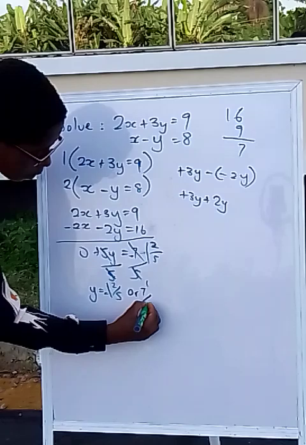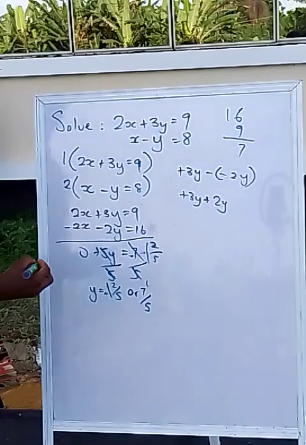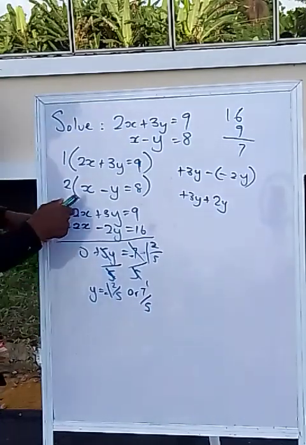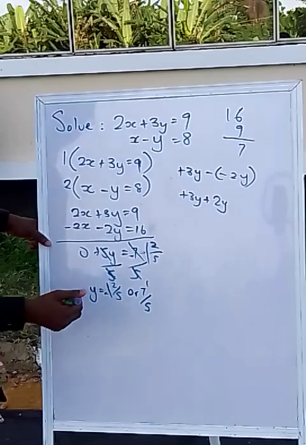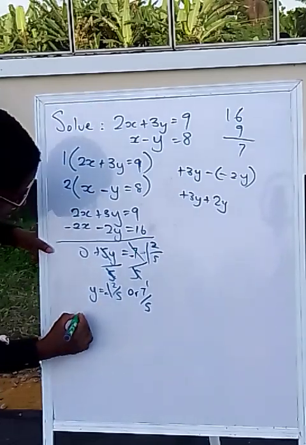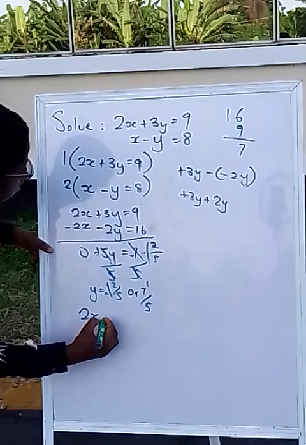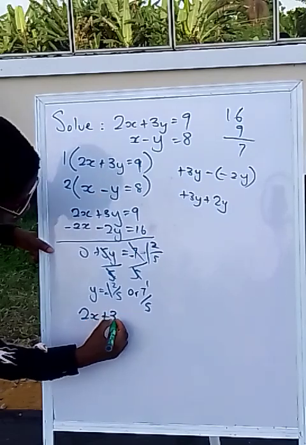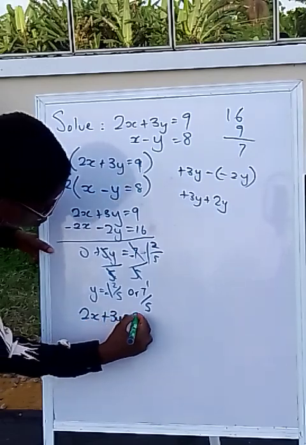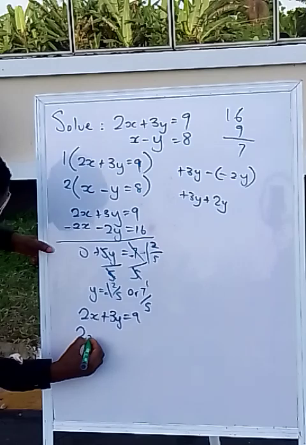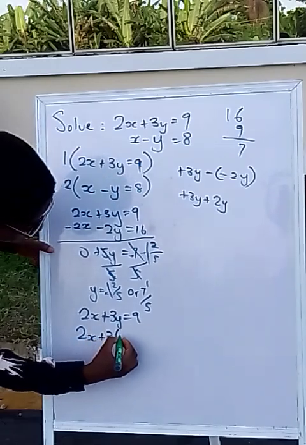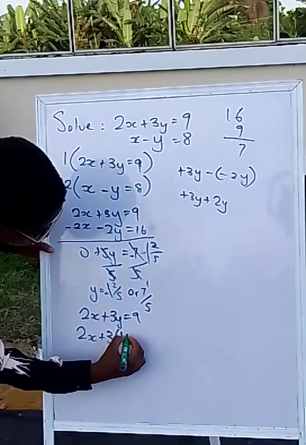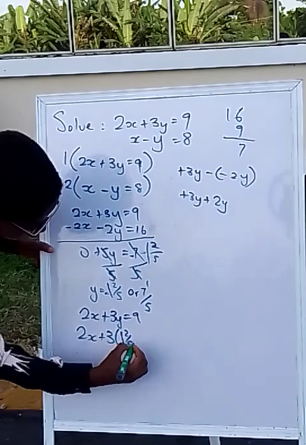So now to get our x, substitute the value of y in any equation of your choice. Now let's use equation 1: 2x plus 3y equals 9. So 2x plus 3 open bracket 1 whole number 2 over 5 equals 9.